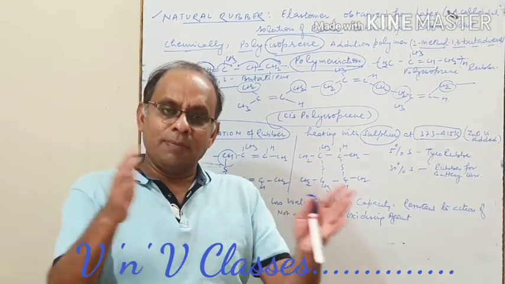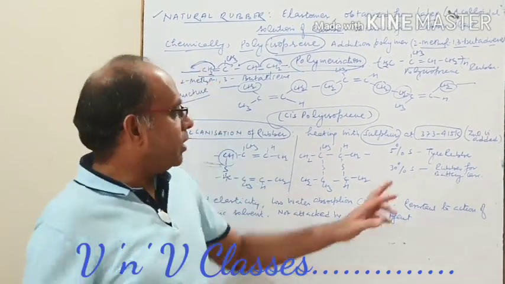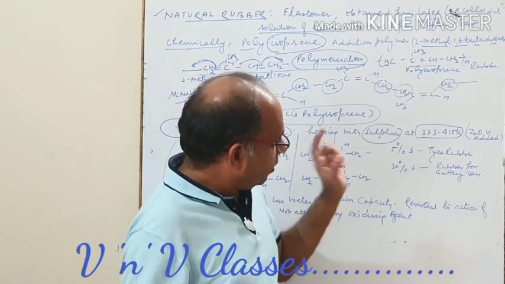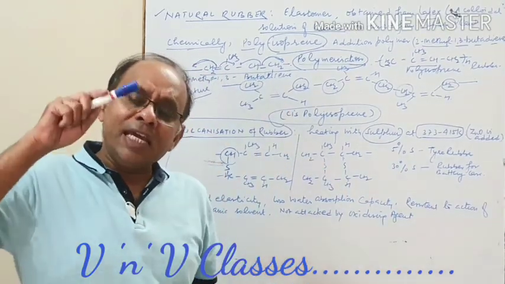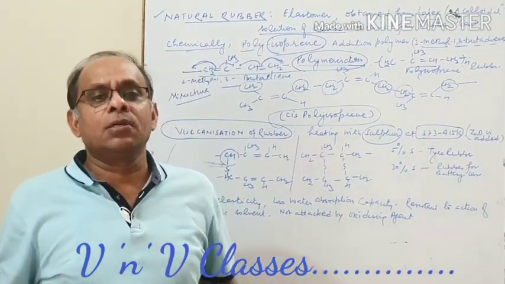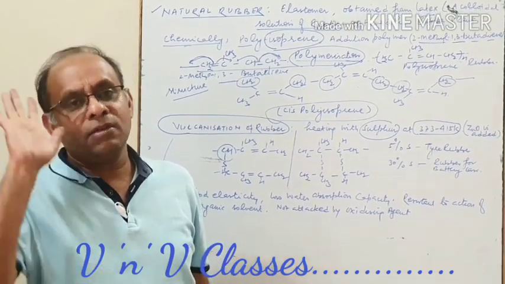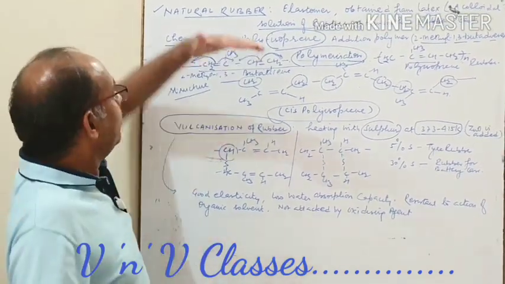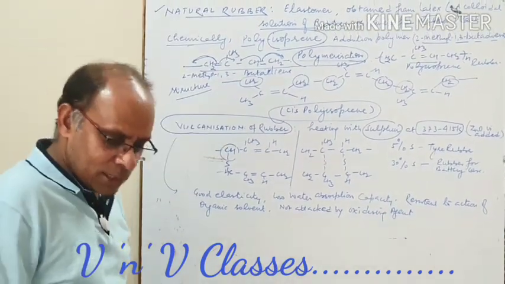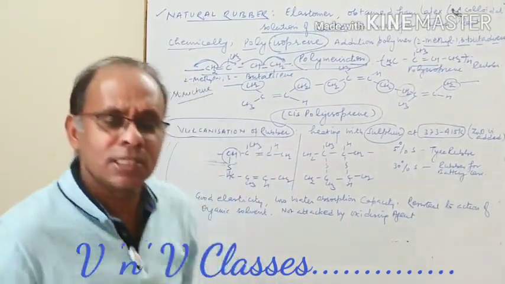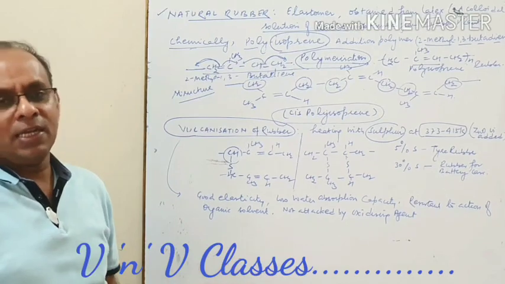You have seen the black colored battery case; that is also made up of vulcanized rubber. But to make the battery case rubber, we have to heat the natural rubber with 30% sulfur. So this is about natural rubber and its vulcanization.